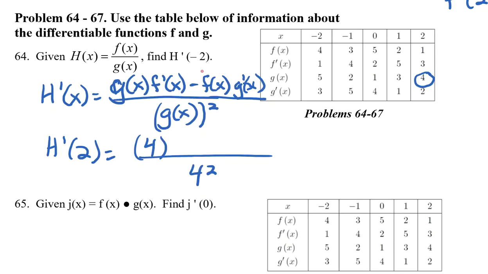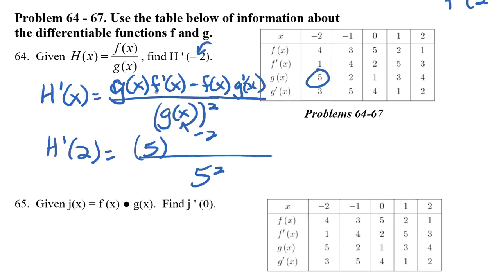Oh, sorry, let's back up. Did I just put positive 2 in there? Let's back up. This should be -2 here. All the way through, we want to put -2. G of -2. Don't want to make a mistake reading the table. G of -2 should have been a 5.